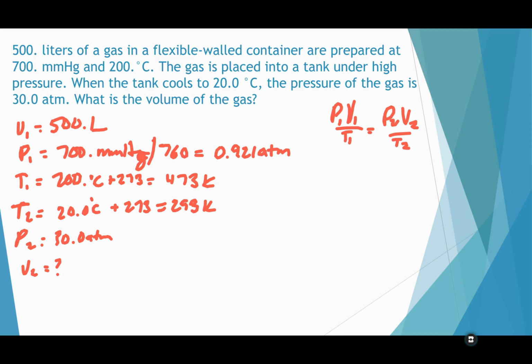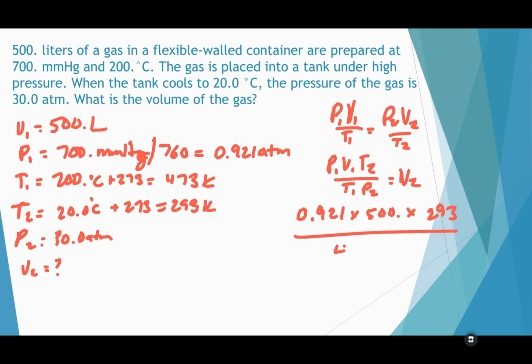I am solving for V2 again. So 0.921 times 500 times temperature 293 divided by 473 times 30.0, that's going to equal V2.